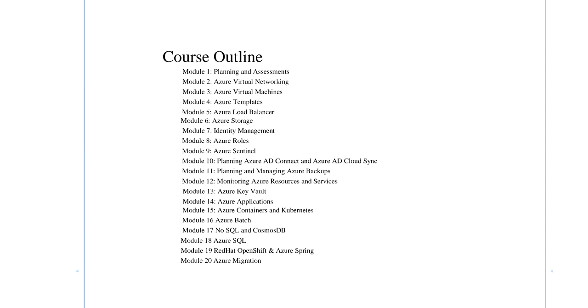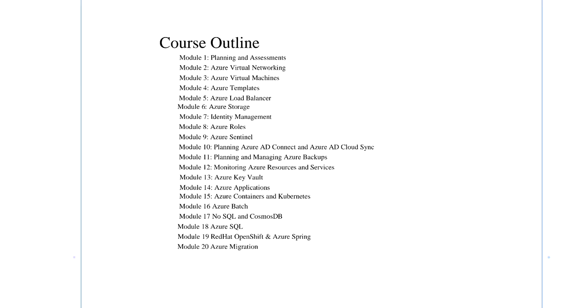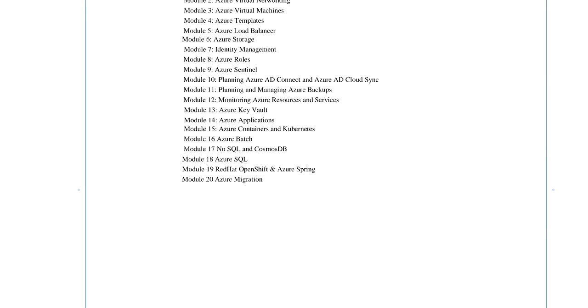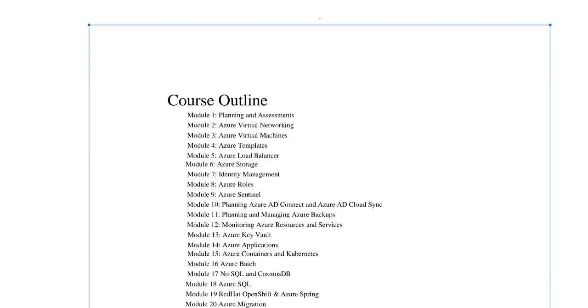Azure SQL, Red Hat, OpenShift, and Azure Spring. So last but not least is Azure Migration. So these are the topics and the modules that we will cover along this course.